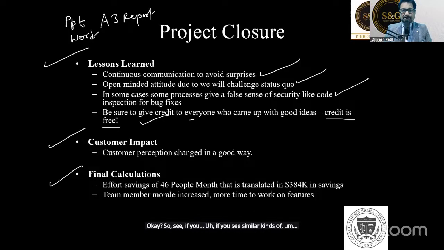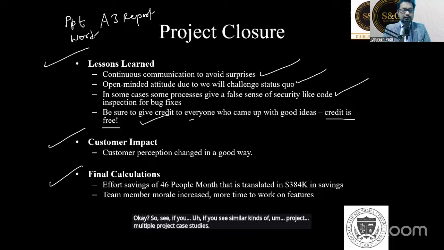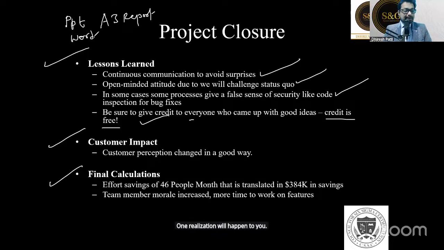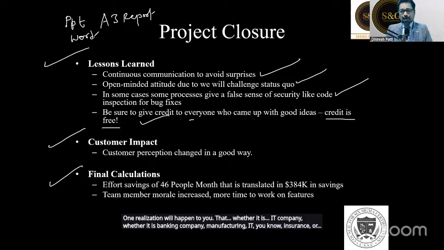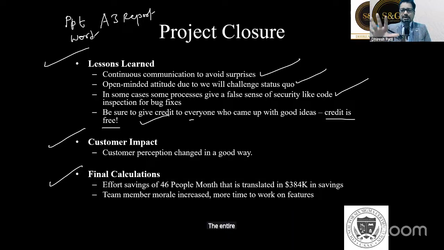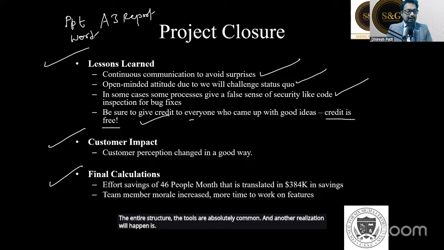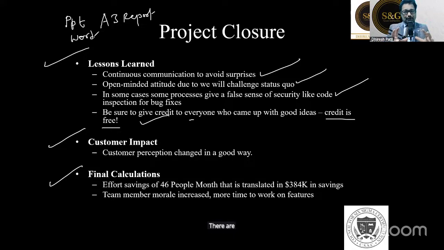Okay. So see, if you see similar kinds of multiple project case studies, one realization will happen to you: whether it is an IT company, banking company, manufacturing, insurance, oil and gas, aviation, BPO, or pharma, the entire structure and the tools are absolutely common. Another realization is that there are 15 to 20 tools. If you master those, you become a master in Lean Six Sigma.